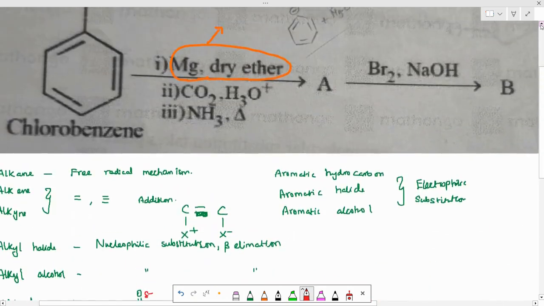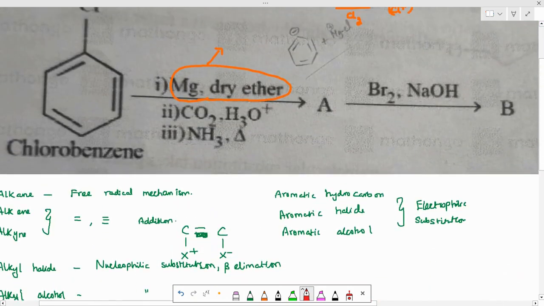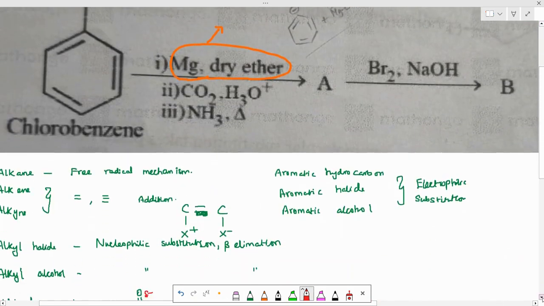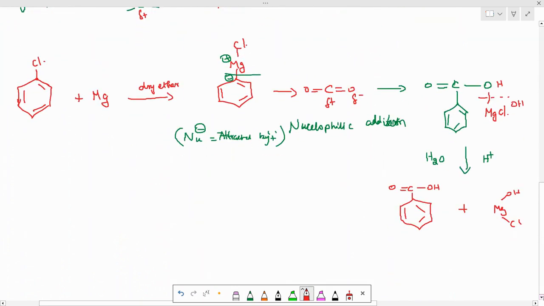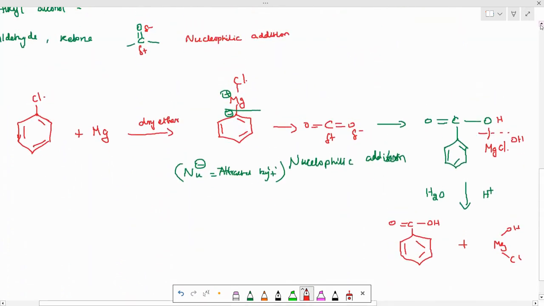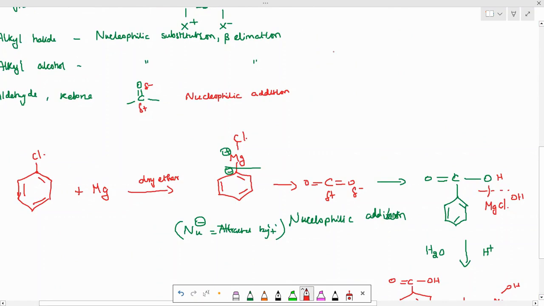And then they are adding ammonia. Actually for carboxylic acid I didn't give that reaction mechanism. I will give the reaction mechanism. It will be very easy. Carboxylic acid, C double bond OH. When you are having carboxylic acid, here also nucleophilic addition, because a carbonyl group is there, which means definitely nucleophilic addition will be there.